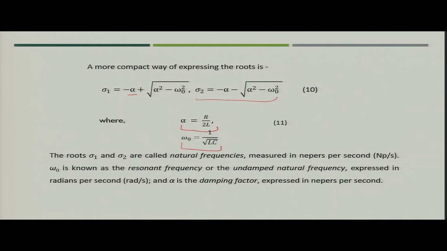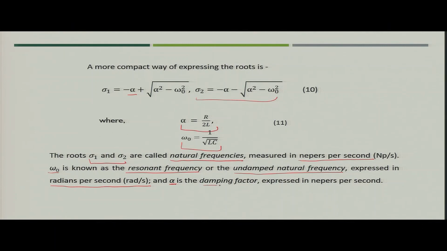Now, these two roots, sigma 1 and sigma 2, are called natural frequencies and are measured in nepers per second, while omega naught is known as the resonant frequency or undamped natural frequency of the system, which is expressed in radians per second.